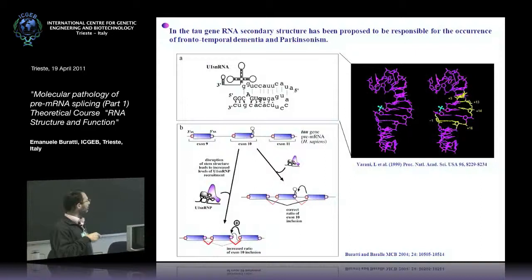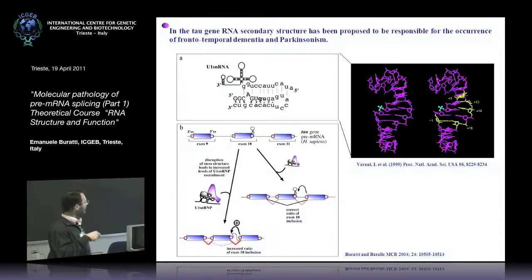And this stem loop structure is actually competing, so this is the 5' splice site, this is the stem loop, and the stem loop structure is competing with the binding of U1 small nuclear RNA, and this stem loop structure is strong enough to actually give the correct ratio of exon 10 inclusion and skipping in the final mRNA.